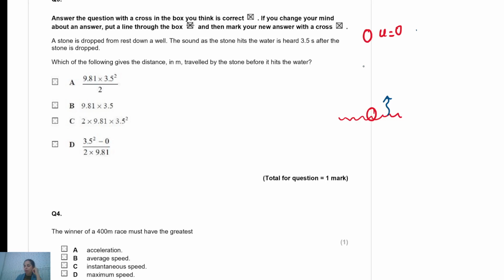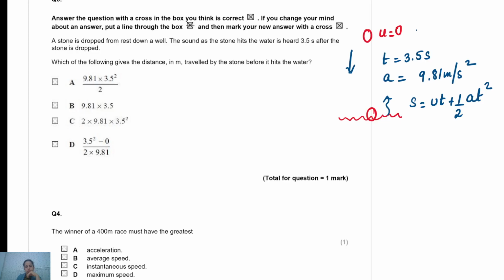So what formula is to be used? We have time around 3.5 seconds. The acceleration, which is downwards, vertical motion, which is gravity, 9.81 meters per second squared. So I'm going to use s equals ut plus half at squared, half times 9.81 times 3.5 squared.